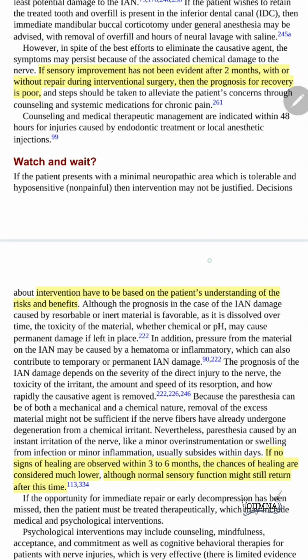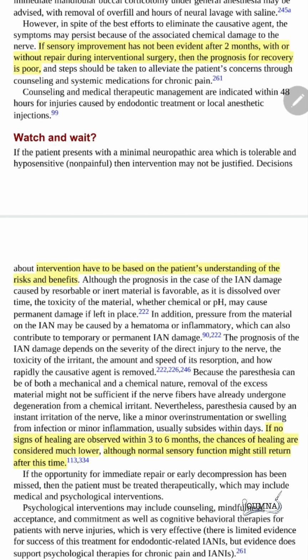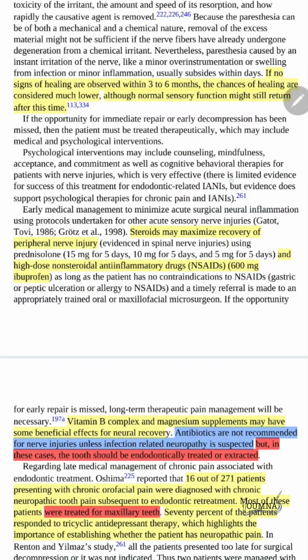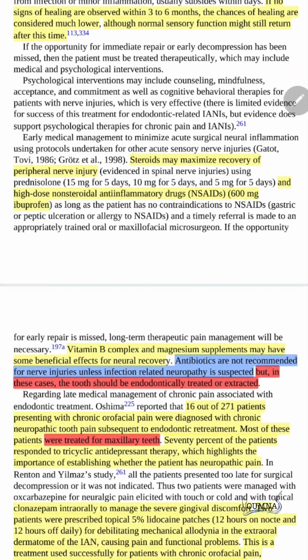If sensory improvement has not been evident after 2 months, with or without repair during intervention surgery, then the prognosis for recovery is poor. If no signs of healing are observed within 3 to 6 months, the chances of healing are considered much lower, although normal sensory function might still return after this time.